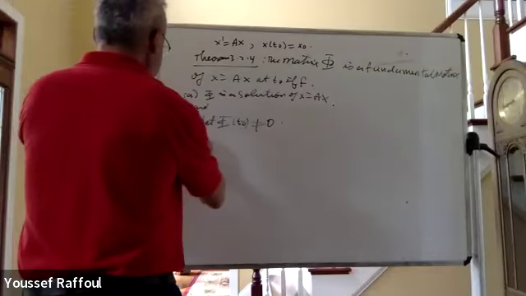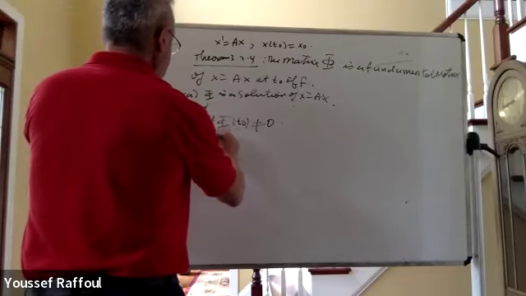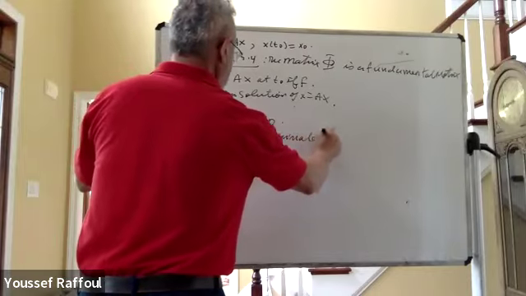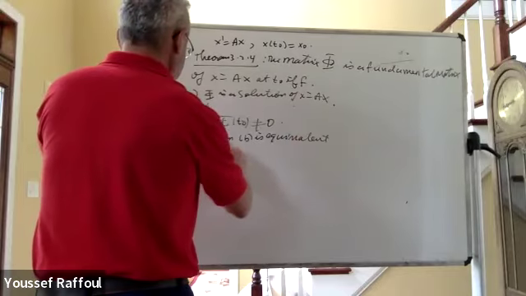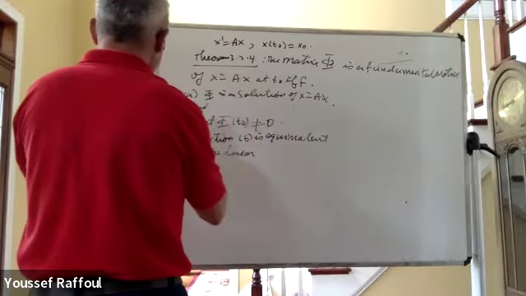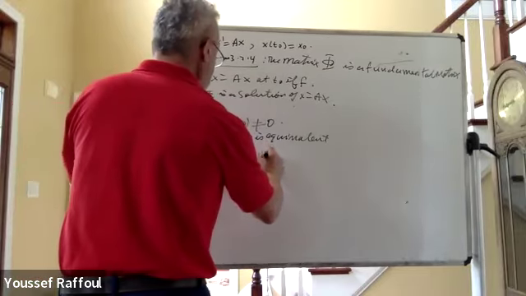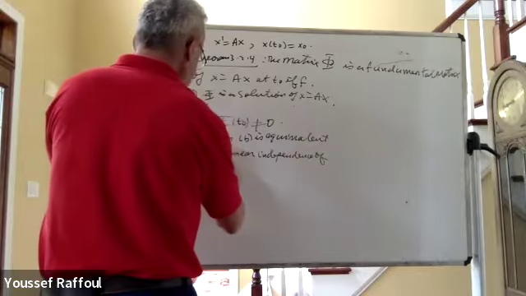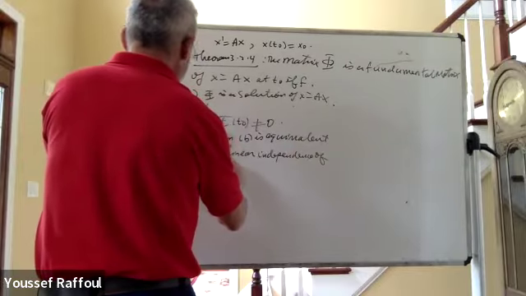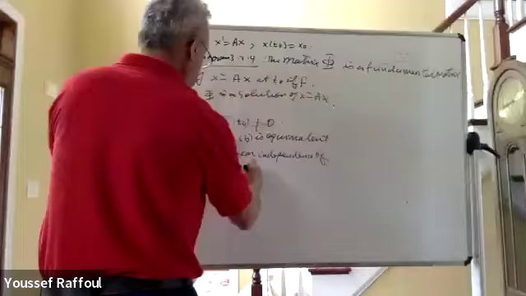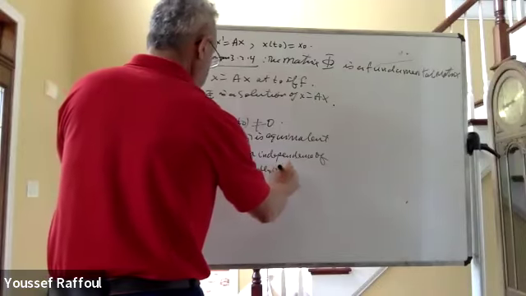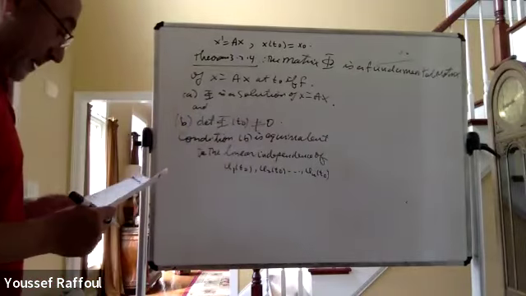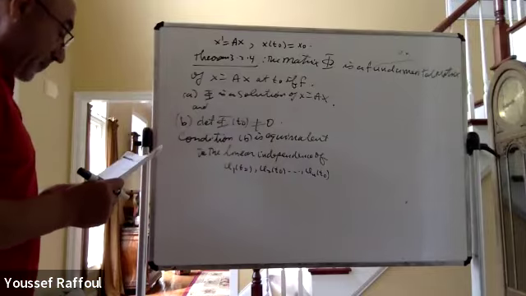Now, condition B is equivalent to the linear independence of phi 1 of t naught, phi 2 of t naught, up to phi n of t naught. Okay? All right.